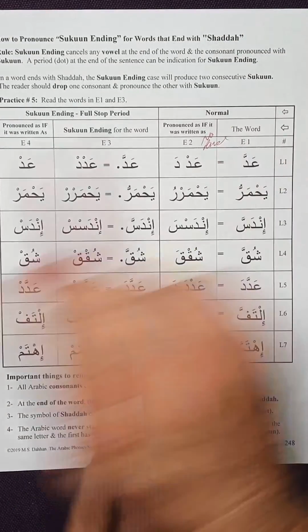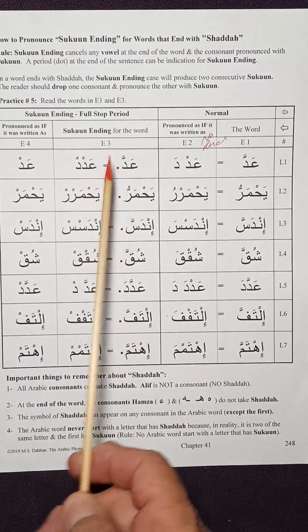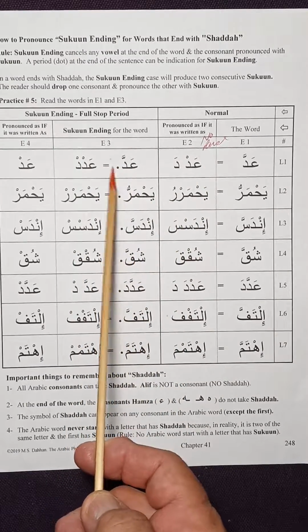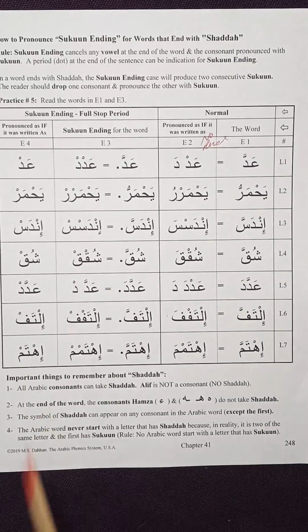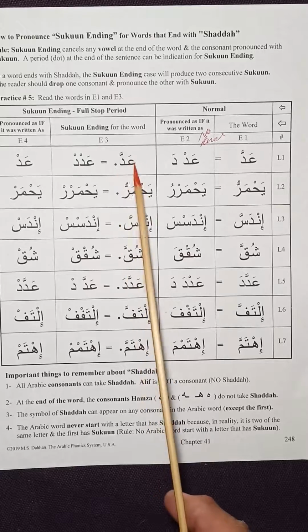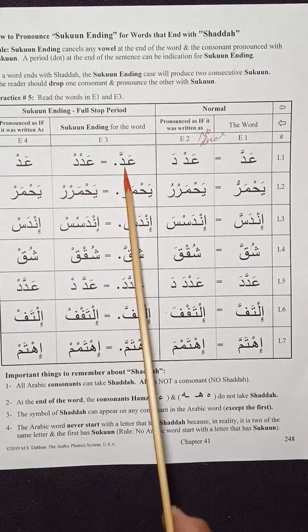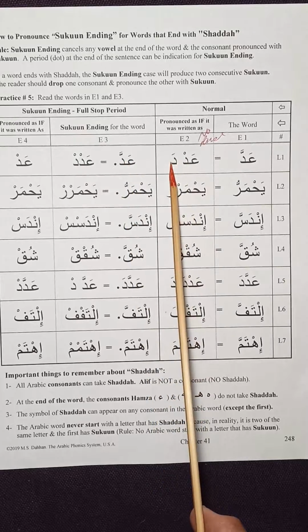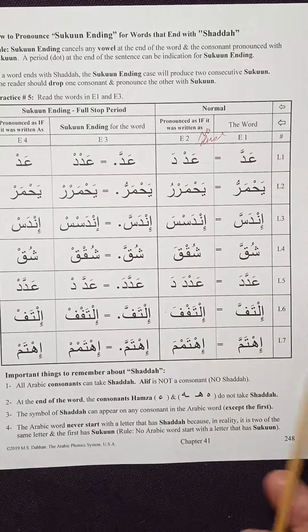Just keep repeating. And here we go. What will happen if we have a dot? Remember the sukun ending being triggered by a dot, or we stop on adda. So what will happen? The last consonant that has the vowel loses its vowel, basically.